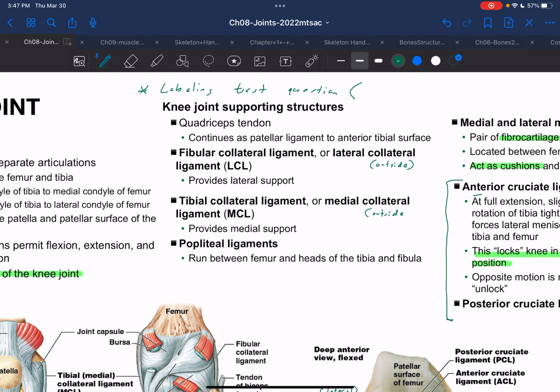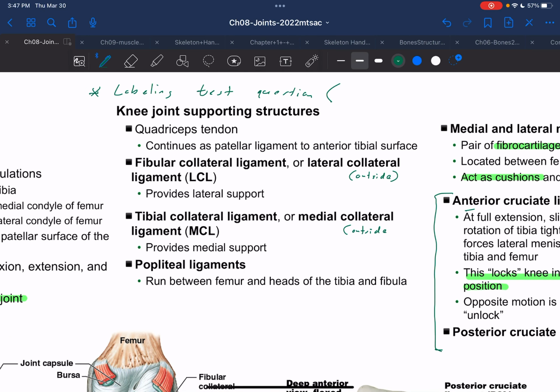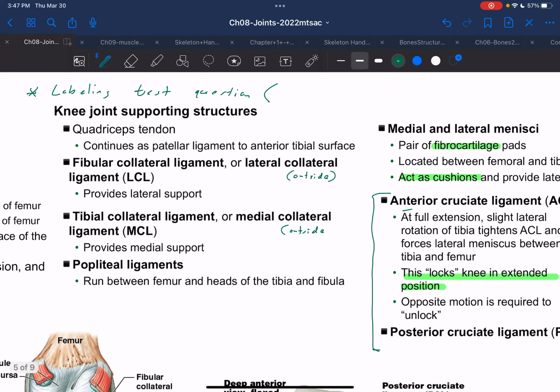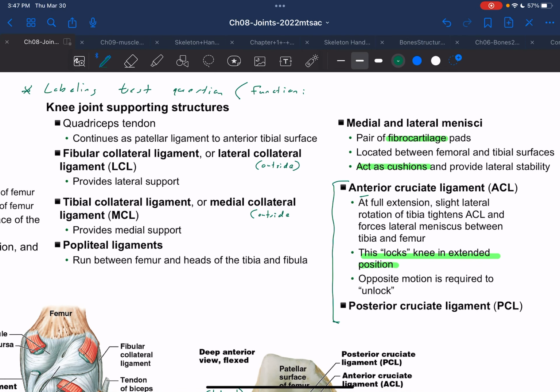And just knowing the small nuances, like does it go through the capsule or is it on the outside, is important. And I would say the function, to keep it light, I promise I won't go too crazy on this. Function, just one statement that you can draw out of each one of these under the bolded terms will be just fine.